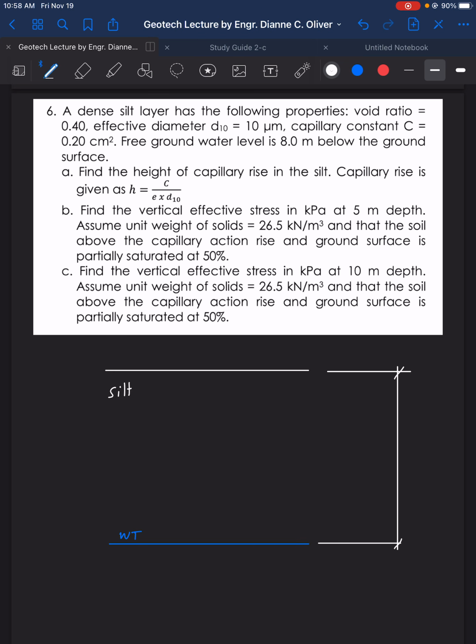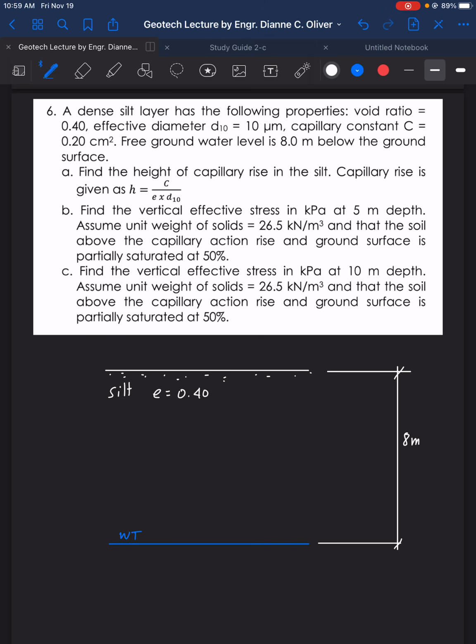So this is 8 meters below the ground surface. And we have there void ratio is equal to 0.40, the capillary constant, effective diameter.